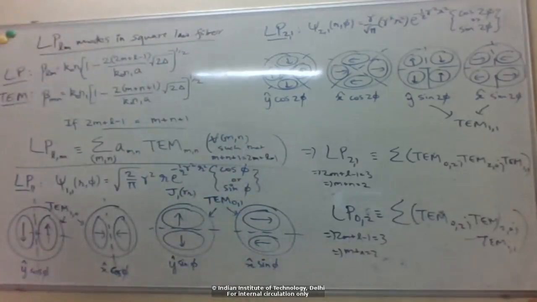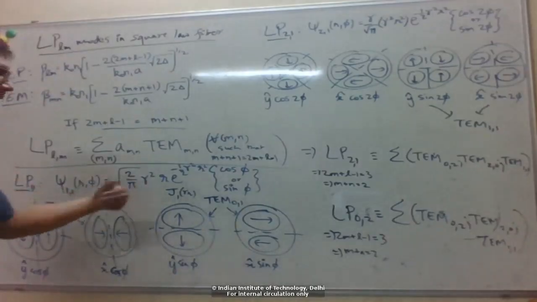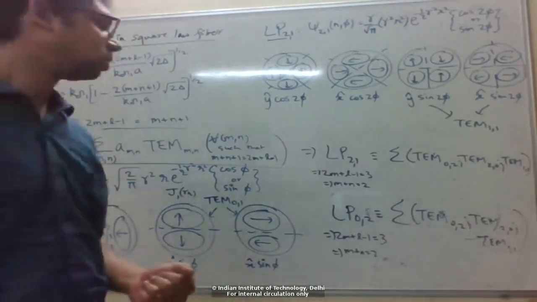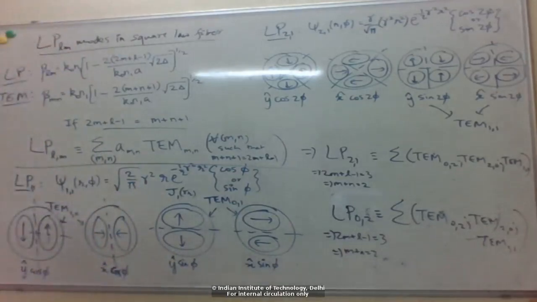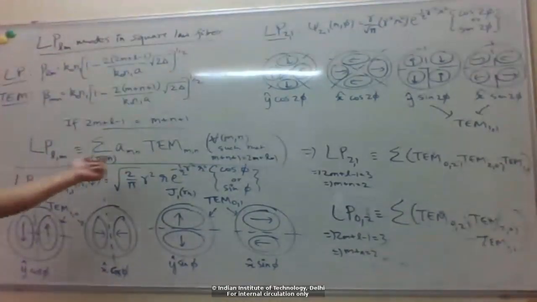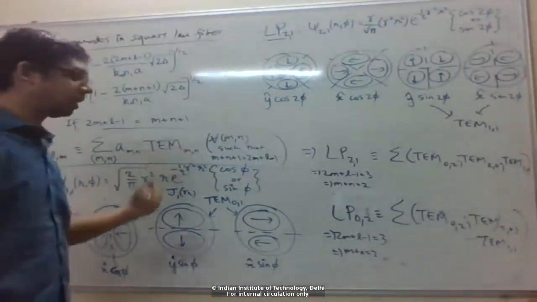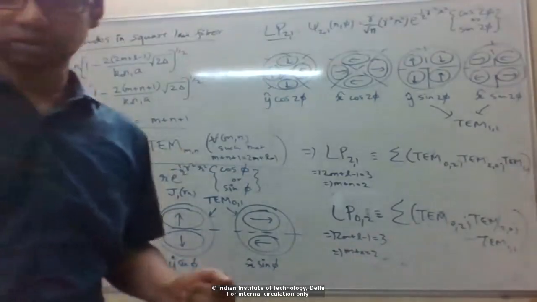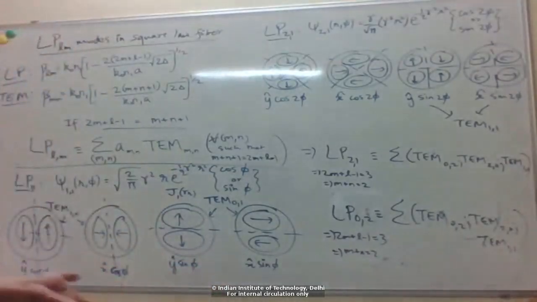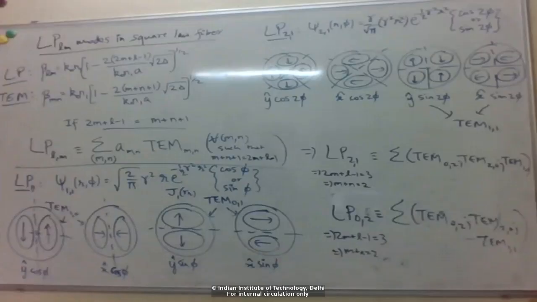We just solved for the LP modes in the step index fiber, because there we also have to worry about boundary conditions. Here we are just assuming this profile extends to infinity, so we don't care about boundary conditions. So in the step index case, we didn't solve for any TEM modes, because we couldn't solve that equation in Cartesian coordinates.